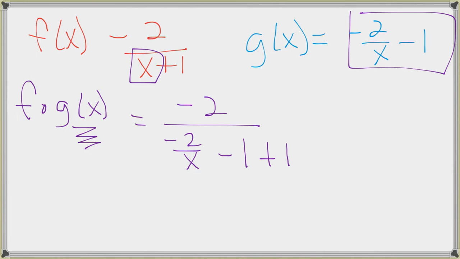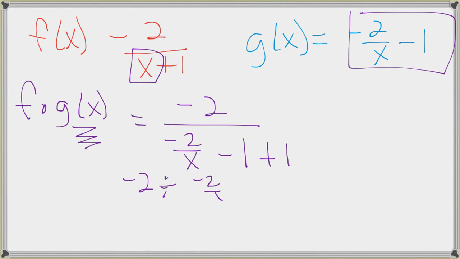Okay, now when you look at this one, you see the ones on the bottom are going to cancel, right? A negative 1 plus 1 cancels out. And then we have a complex fraction. We have negative 2 divided by negative 2 over x. We'll wait for the writing to catch up. There we go.